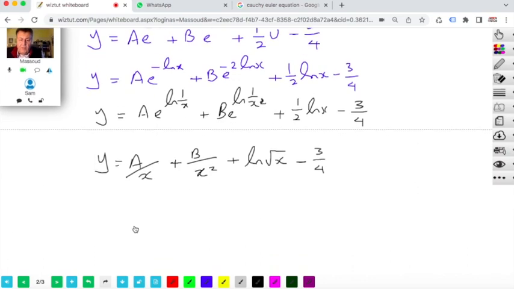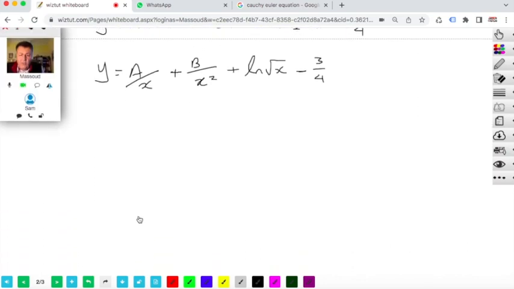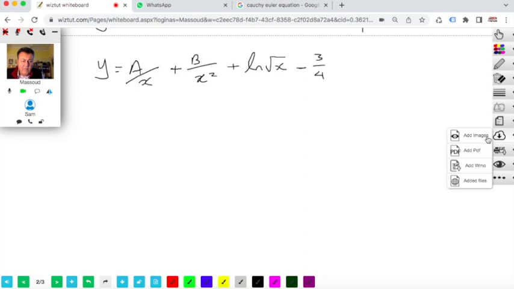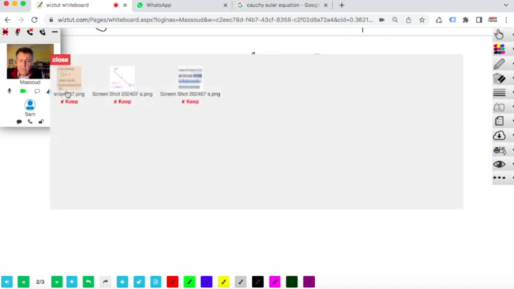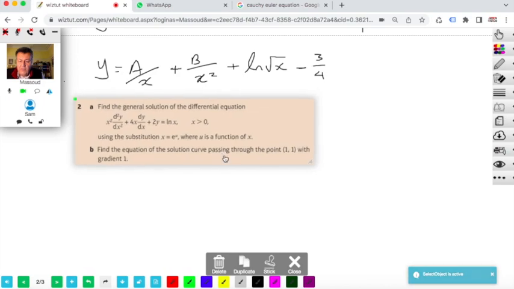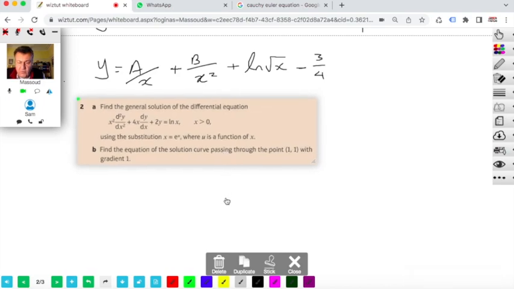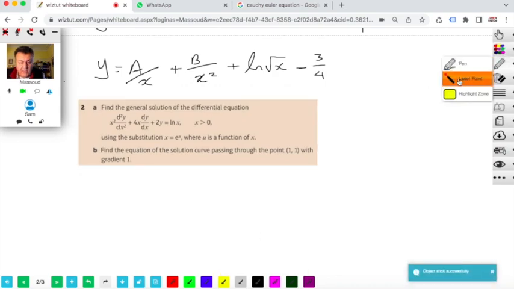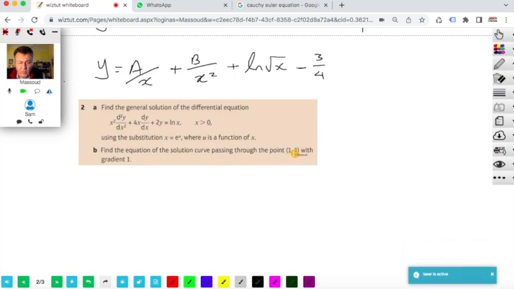Now the other part of the question, so if I can bring the question in again, is not really that challenging now. So if we bring it in, it just says find the equation of the solution curve passing through the point 1 and 1. So basically that is telling me that when x is 1, y is 1.